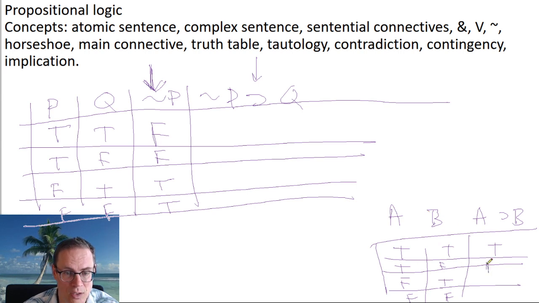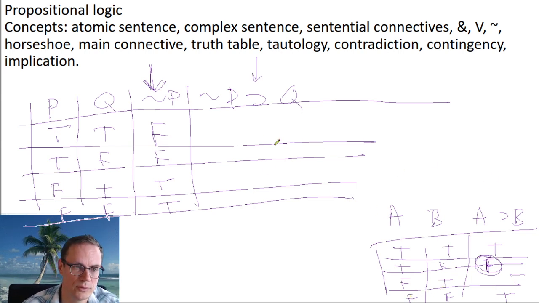It is false when the antecedent is true and the consequent is false. It is true when the antecedent is false and the consequent true. And it is true when the antecedent is false and the consequent is false.